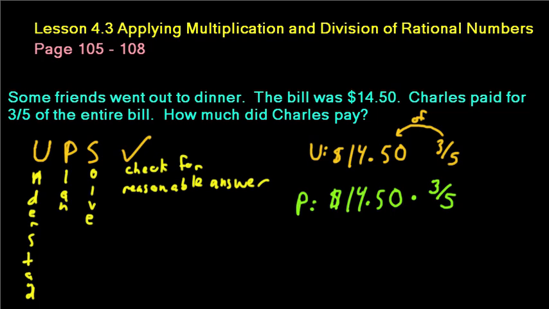I'm either going to have to convert the $14.50 to a fraction, or the 3/5 to a decimal, and then multiply. So my plan is I'm going to convert 3/5 to a decimal and then solve.